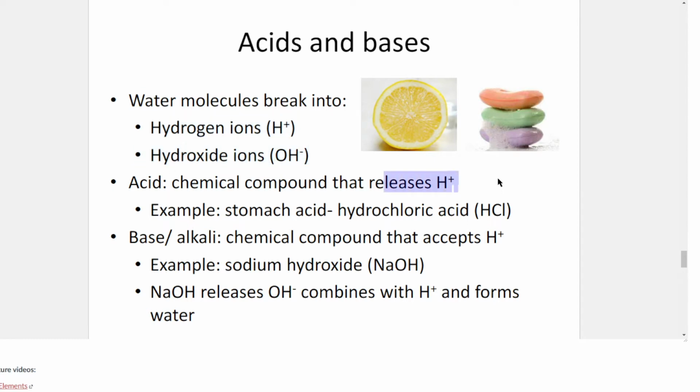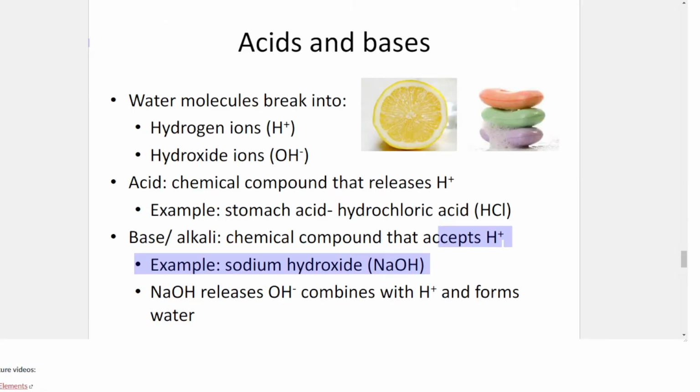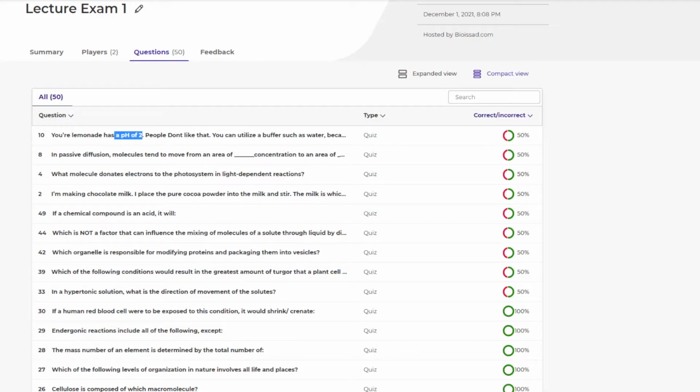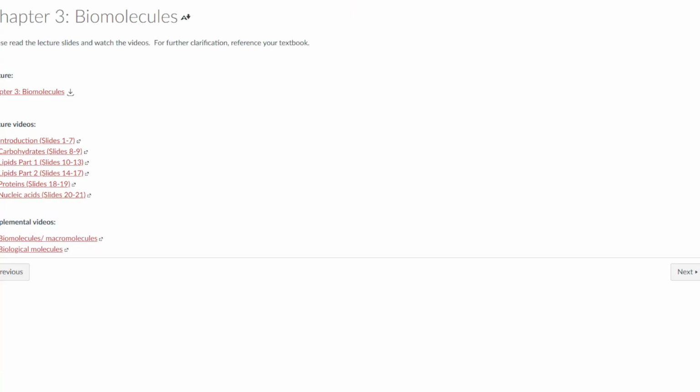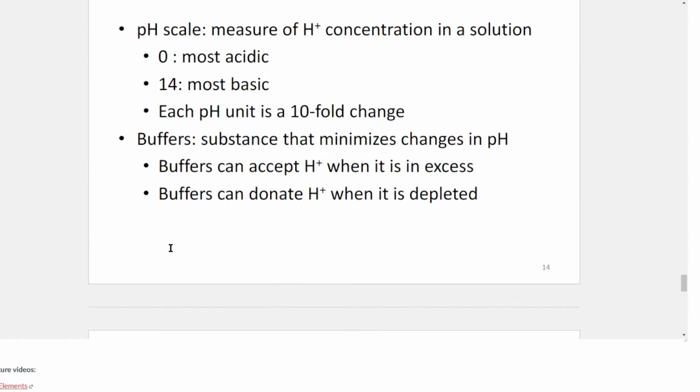Acid releases H+. Bases accept H+. So the question is asking, we have a pH of 2. A pH of 2, is that acidic or base? Acidic or basic? So we have to look at this chart right here.